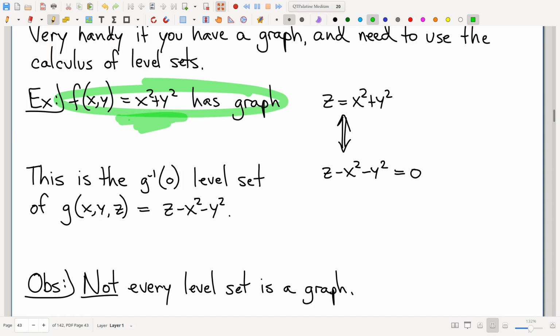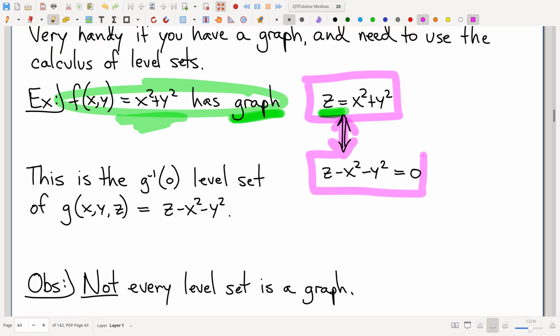So all I have to do is just make sure to be explicit in noting that my surface, in being the graph of that function f, is equivalent to a level set of this function.